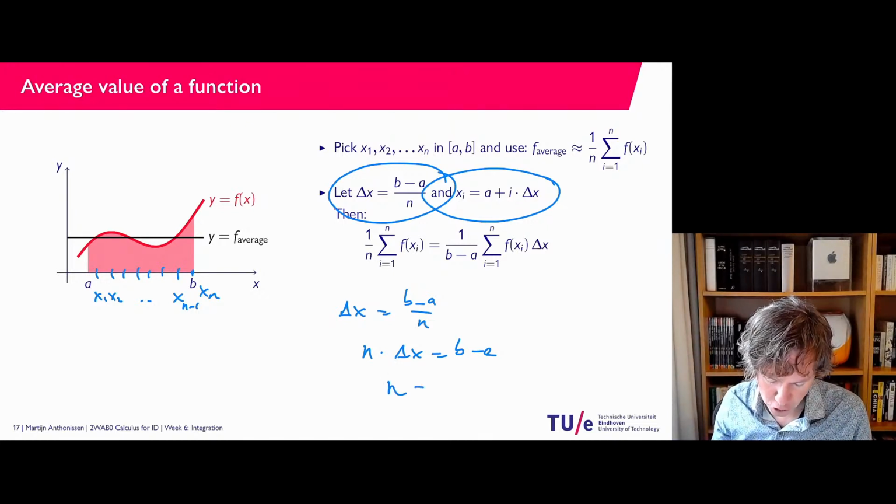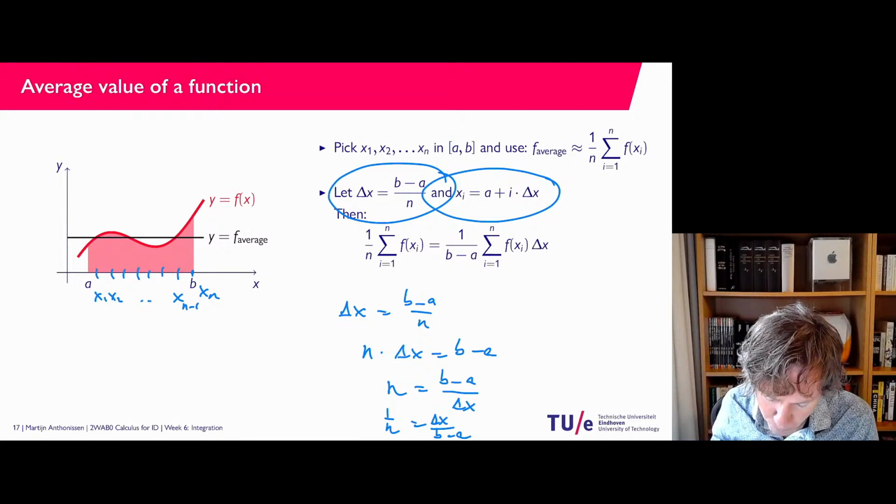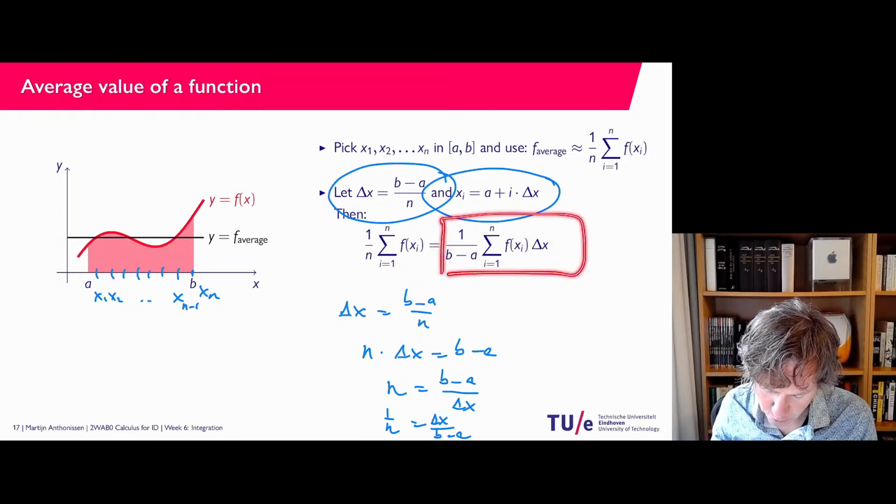So n is b minus a over delta x, and 1 over n equals delta x over b minus a. Now if I replace this 1 over n with delta x over b minus a, then you have this approximation here.